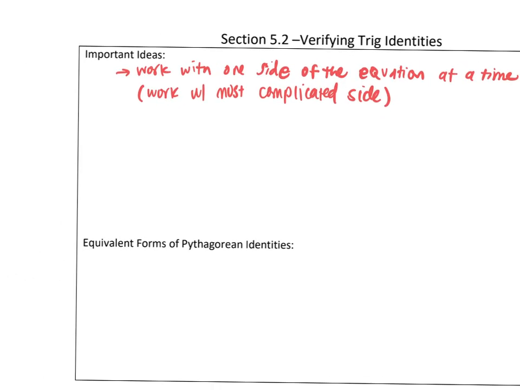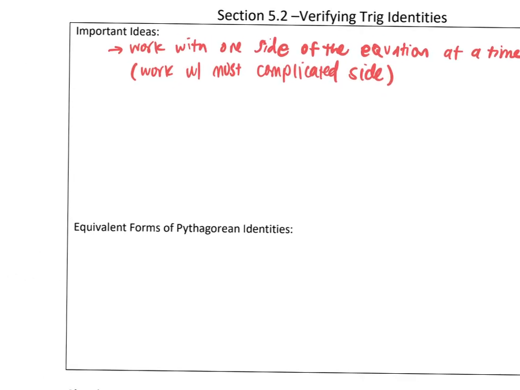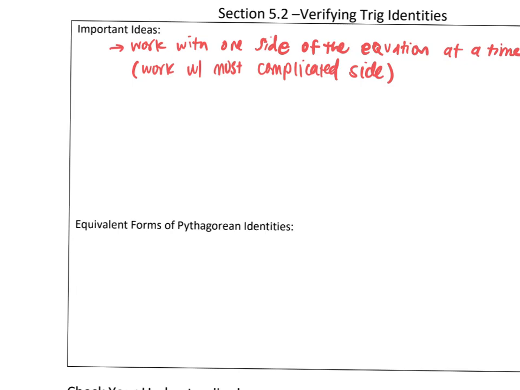Okay, and then we'll talk about why that is. But the next part, we're just going to list the different strategies we've been coming up with. I'll actually write it in yellow. So when we're verifying trig identities, we're going to look for opportunities.